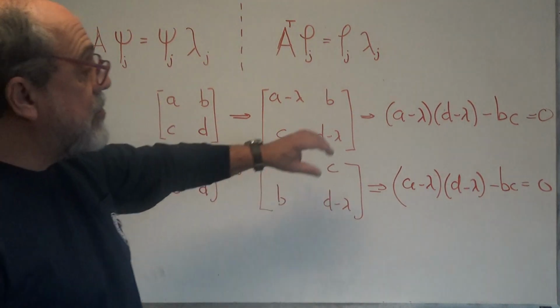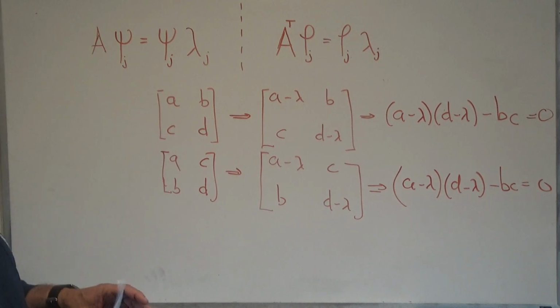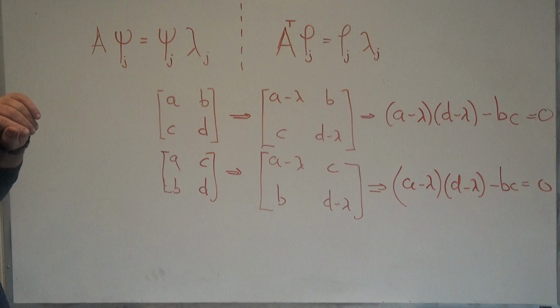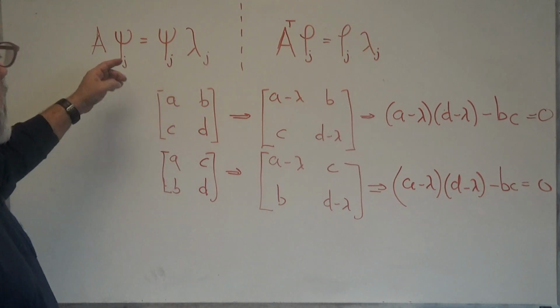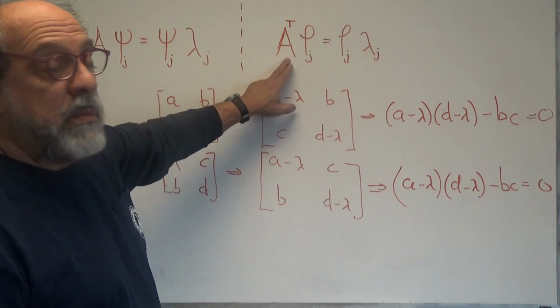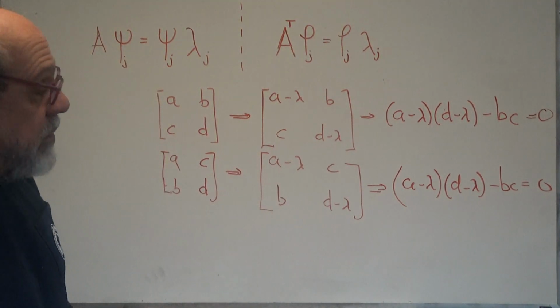You can see that these two characteristic polynomials are exactly the same, and that is true not only for a 2 by 2 matrix, but for an arbitrary size. So, in summary, because the characteristic polynomial of a matrix is unchanged by transposition, the eigenvalues are unchanged by the transposition of the matrix.